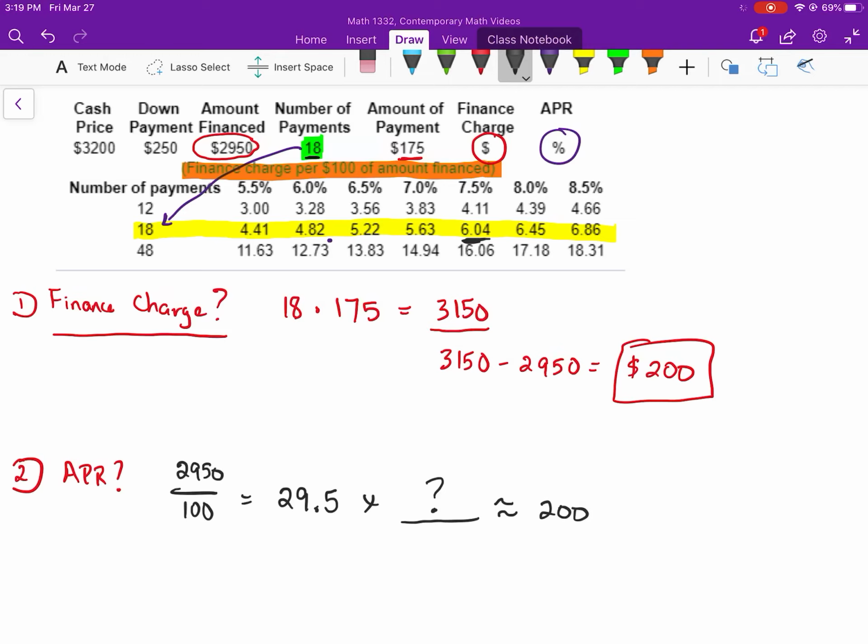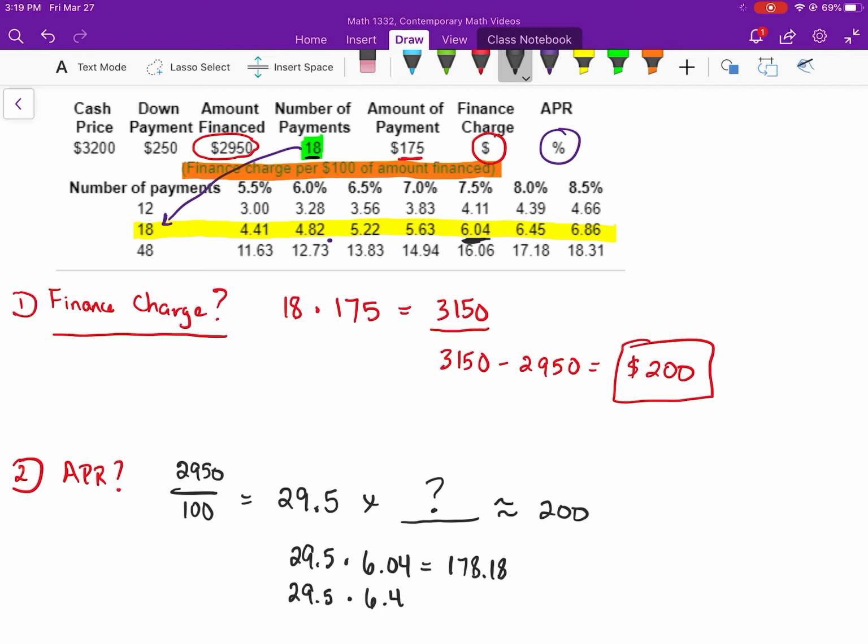Since I underlined that one under 7.5%, let's try that first. So 6.04 times 29.5. I'm going to go ahead and write this out. 29.5 times 6.04 is equal to $178.18. Now, that might be close to 200, but let's see if we can get closer.